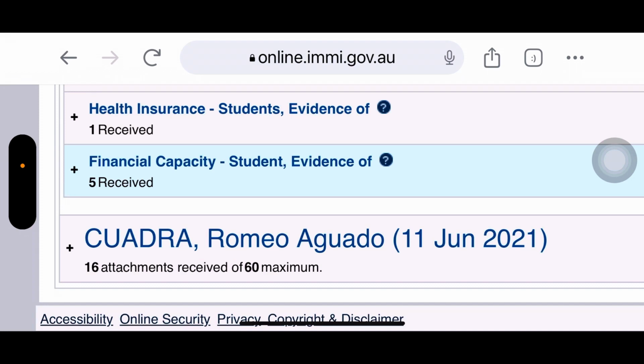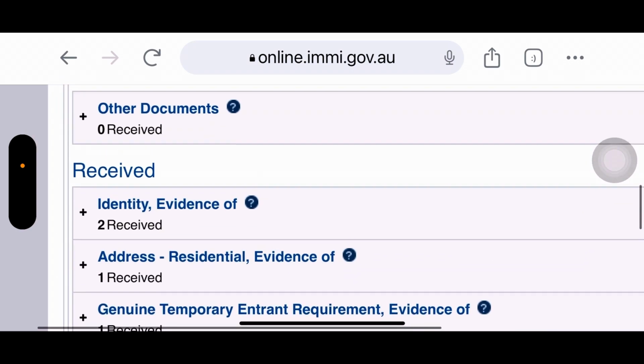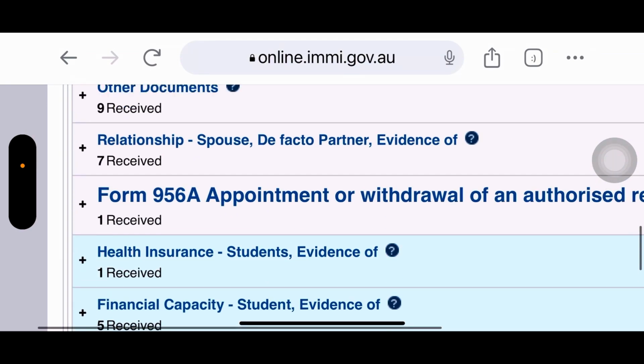It is still important to reach out to an immigration agent for a guide. But in our case, we only provided around 100,000 because that's only what we could provide. So that's it. That's all the documents that we submitted.